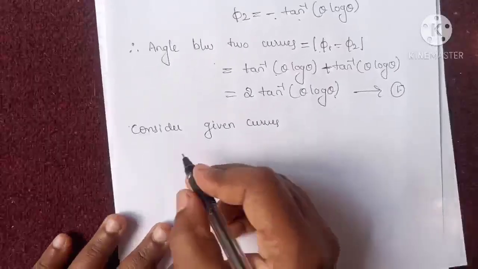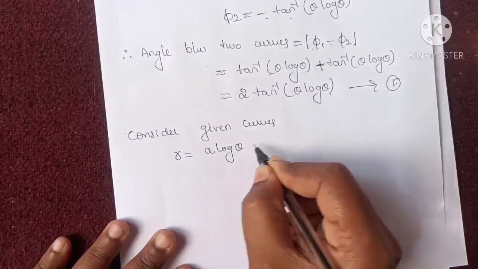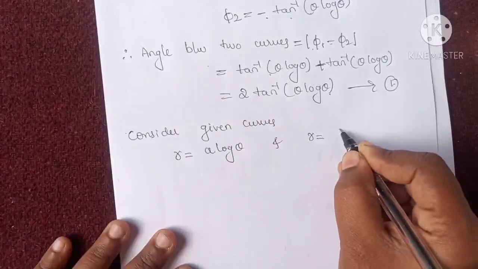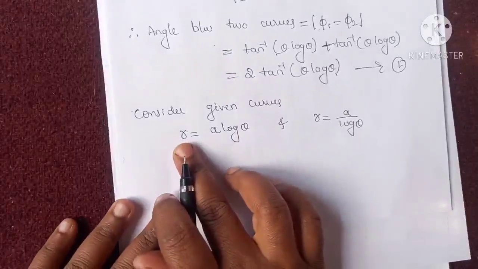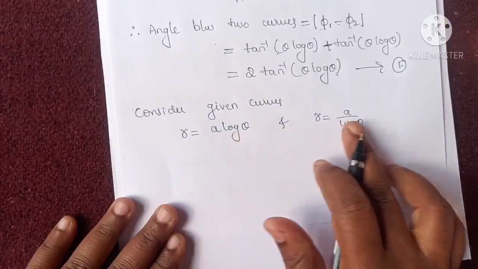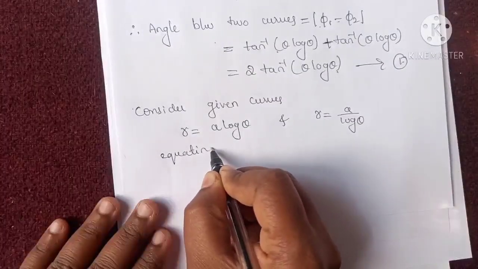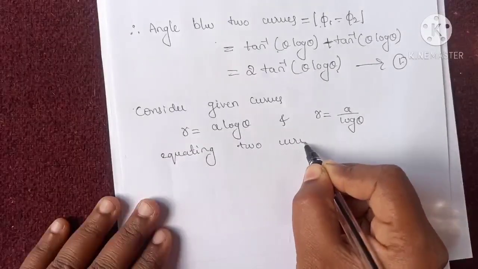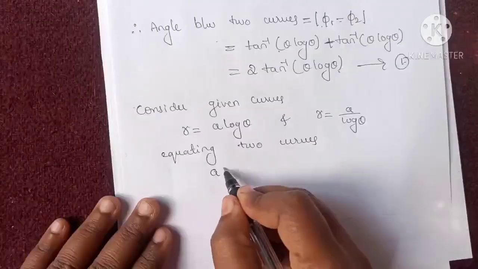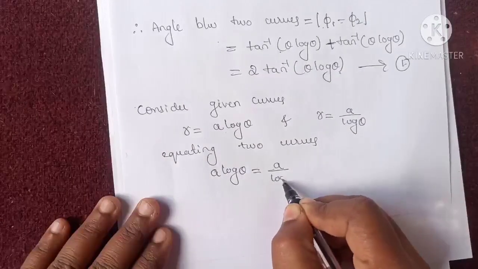The given curves are r equals a log theta and r equals a divided by log theta. We can observe that the RHS is equal, therefore we can equate the LHS, that is, equating the two curves, we get a log theta equals a divided by log theta.